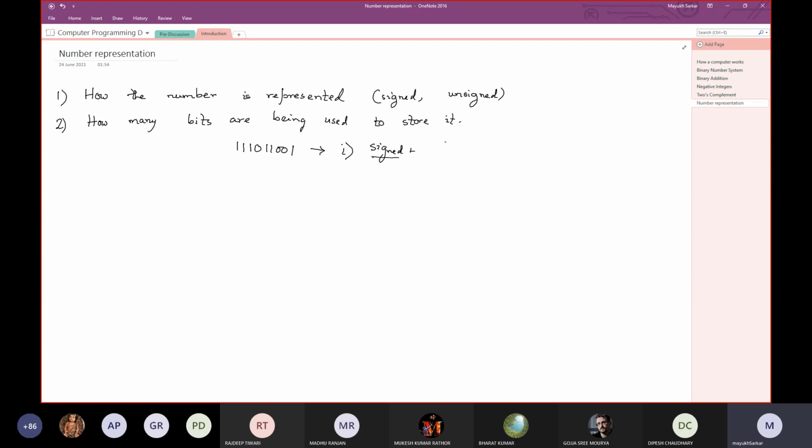Now, in the case of signed representation, what is happening is that we are considering signed bits. We are considering the first bit as the sign bit.